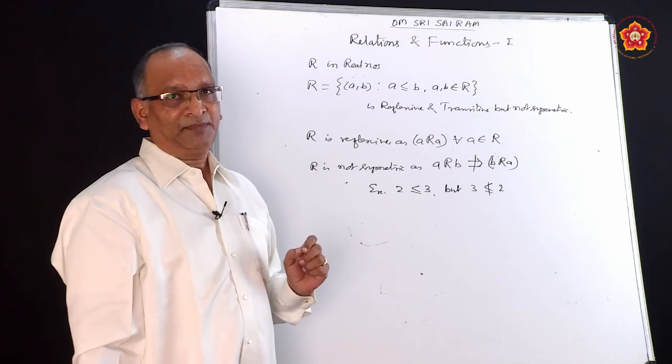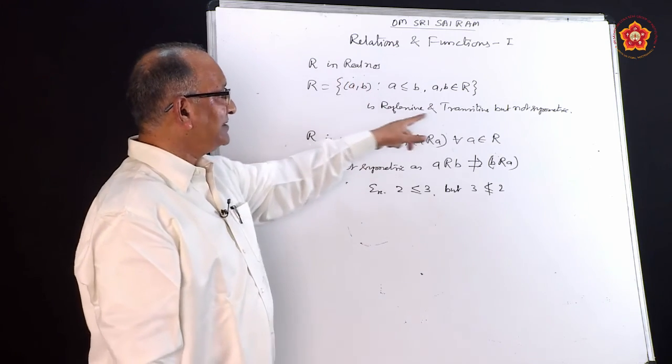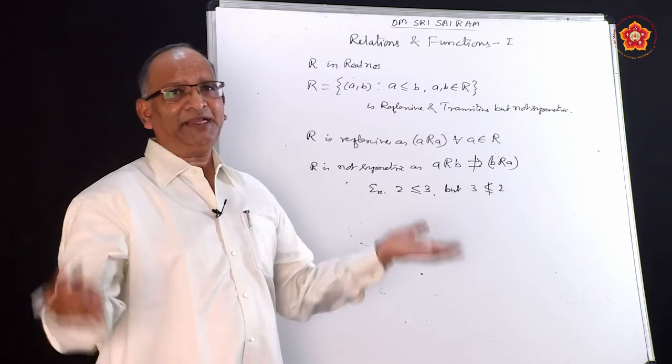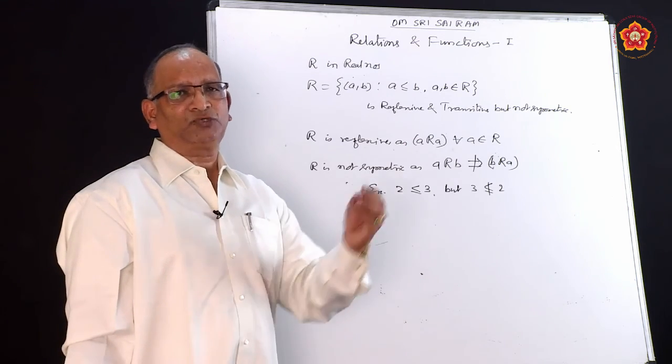Finally, what he wants us to prove? That it is transitive. Take 3 numbers, simple 3 numbers, 2, 3, 4.